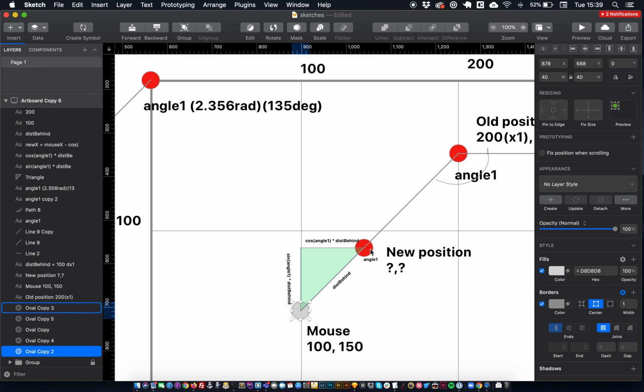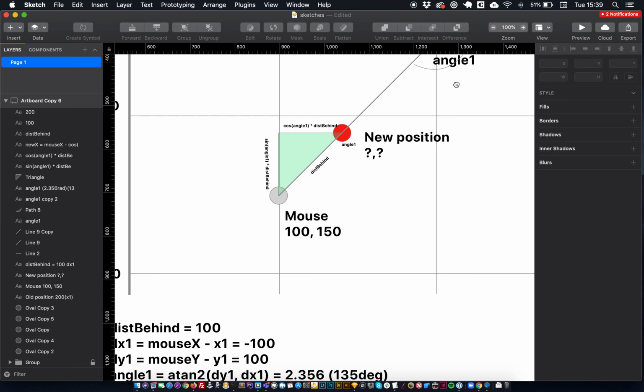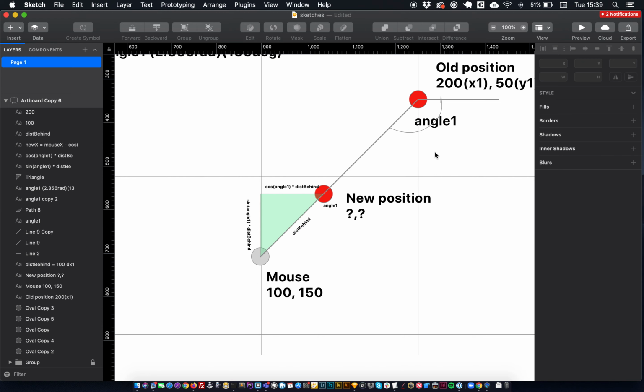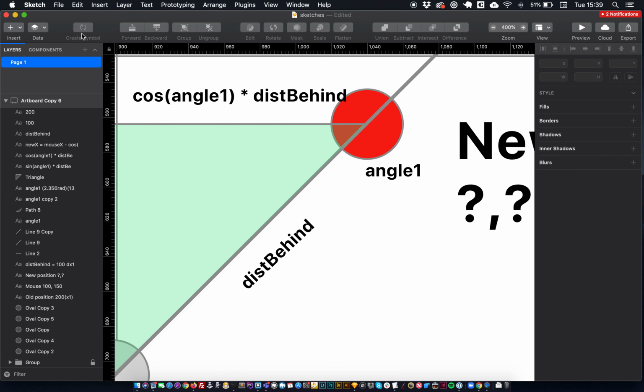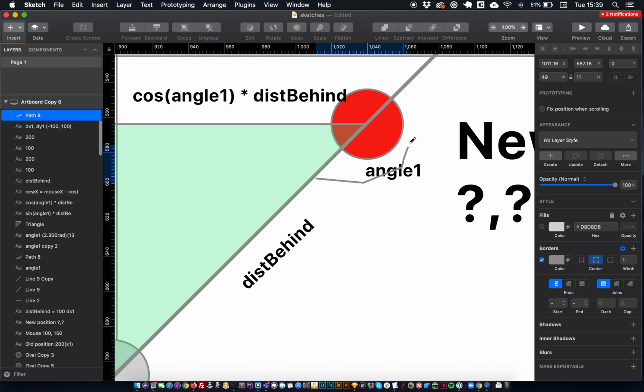So we need to find a new position for this follower. And the way that we do that is we use that angle, angle 1, which is the same as this angle down here. Yeah, that's angle 1.